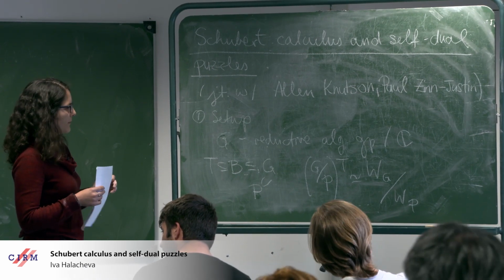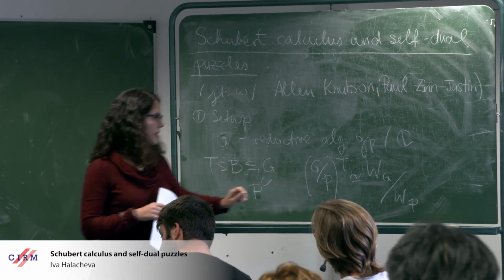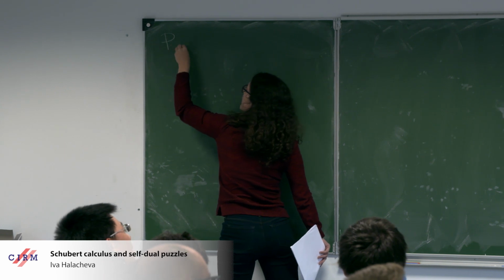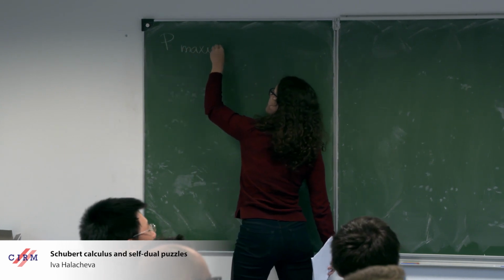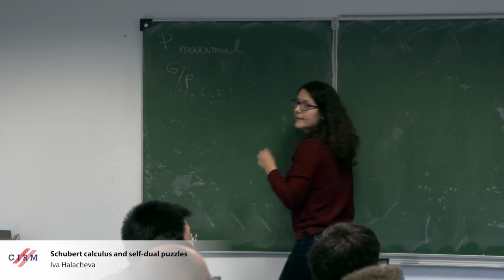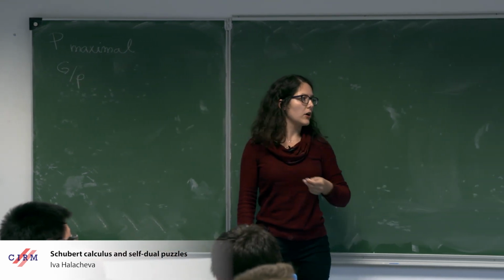So for P a maximal parabolic, we think of G mod P as a one-step flag variety, often called the Grassmannian.